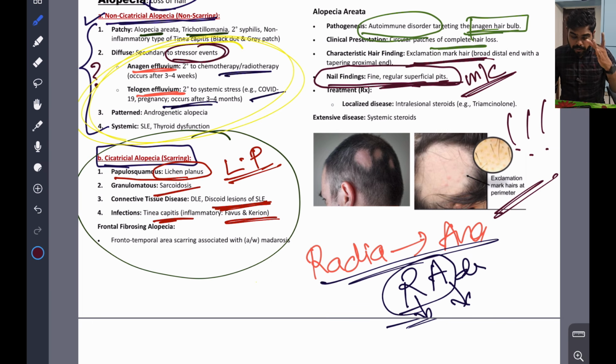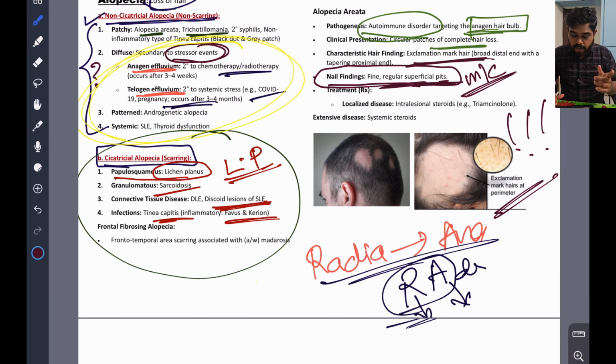We should know alopecia areata, its exclamation mark hairs and nail finding of fine regular superficial pits. Okay, clear. So this single slide for hair loss alopecia is enough, no need of hair cycles and all. They haven't asked till now. We are discussing the most important and most expected questions for the NEET exam.